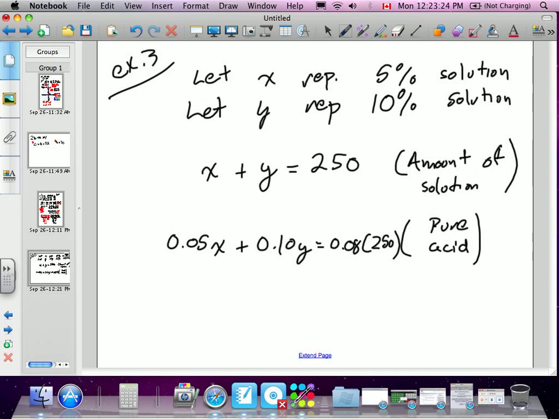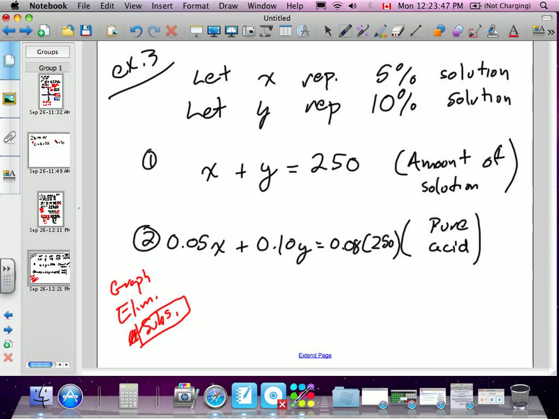Now, we're going to try to solve these by substitution. Remember I said there's 3 different ways. We've done graphing already, done elimination, and now we're doing substitution. So in order to substitute, I'm going to move the y to the other side of equation 1.